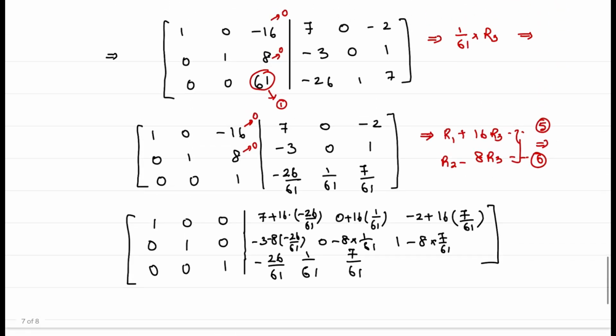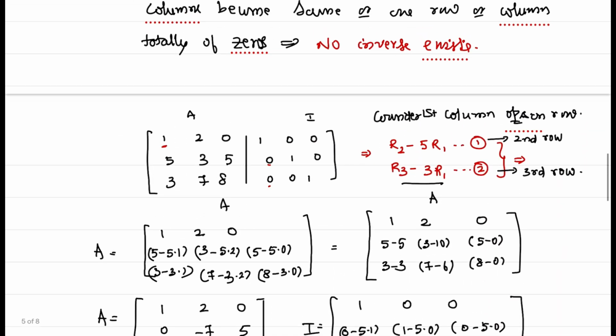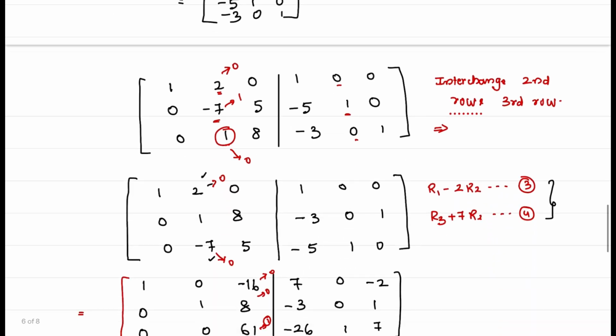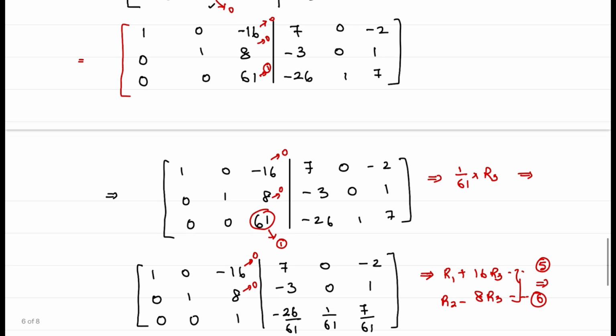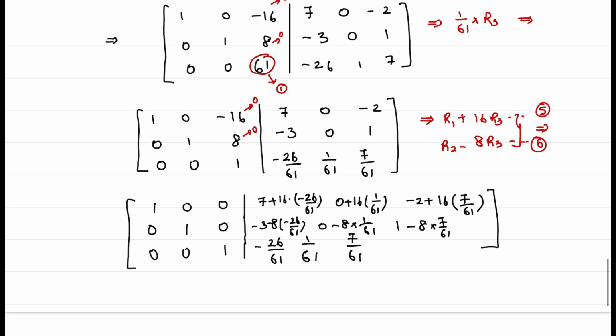How many steps totally have we followed? We have written the augmented matrix. In the first step, we made the first row and first column element 1, and then we made the first column zeros. In the second step, we made the second row second column unity, and then we operated on the first row and third row so that we get 0 0.